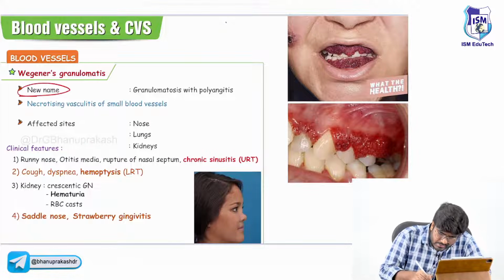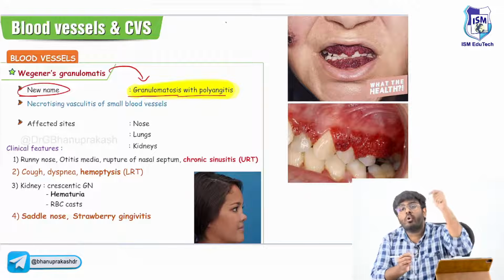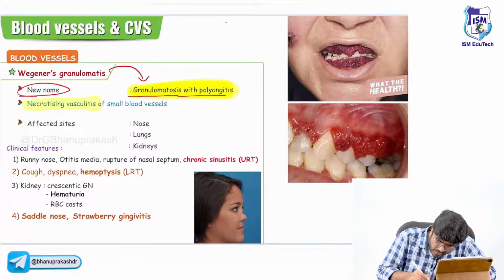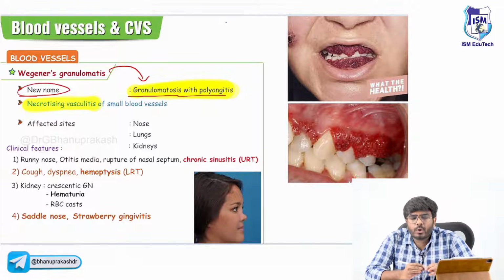Now, one by one. This Wegener's granulomatosis is also called granulomatosis with polyangiitis. This is also a necrotizing vasculitis, not only polyarteritis nodosa. So, tell me 2 necrotizing vasculitis: one is polyarteritis nodosa and the other is Wegener's granulomatosis.